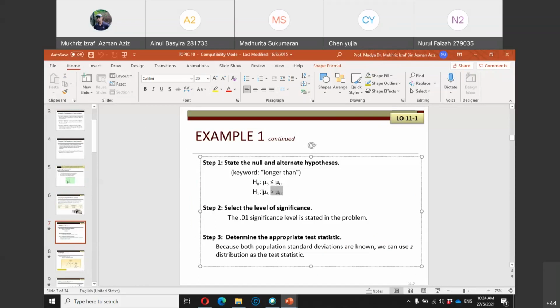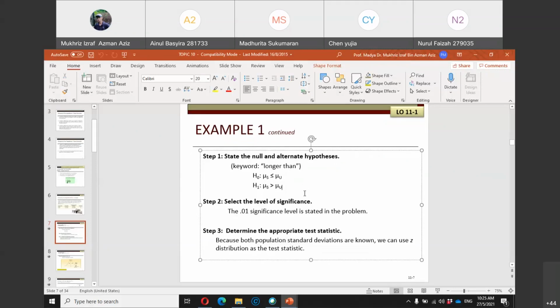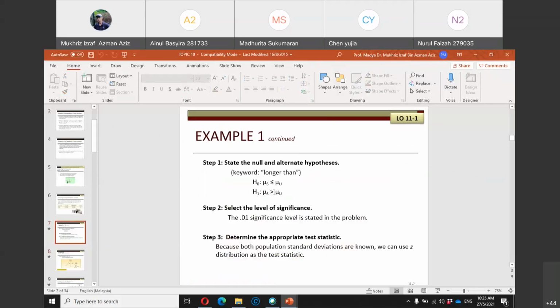Once you have constructed your H1 correctly, finish up with your H0. Similar to the previous chapter, the complement or opposite sign is less than or equal to. I think there is no difference in terms of the sign.